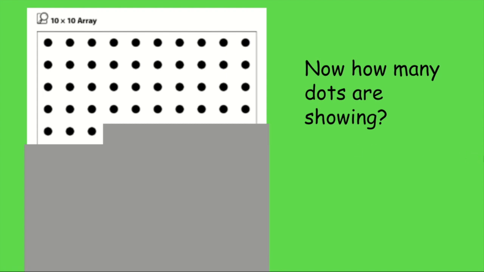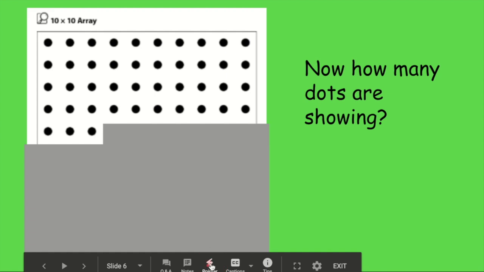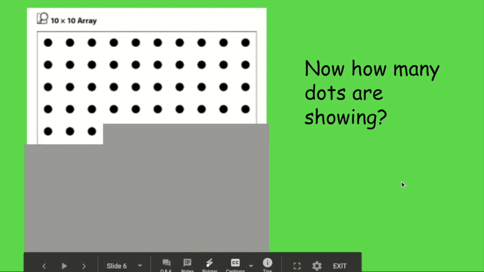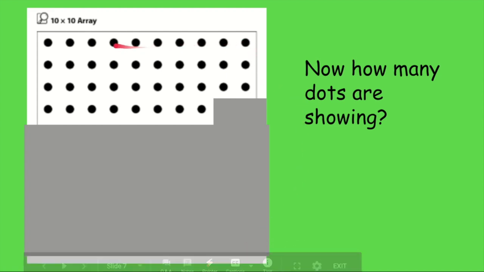This one is a little trickier. If we count 10, 20, 30, 40, how many are left? 40 and 3 is 43. Good job. Now how many dots? 10, 20, 30.